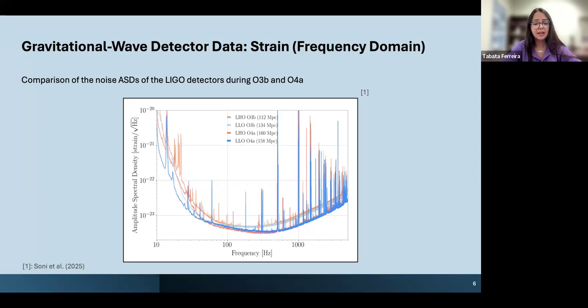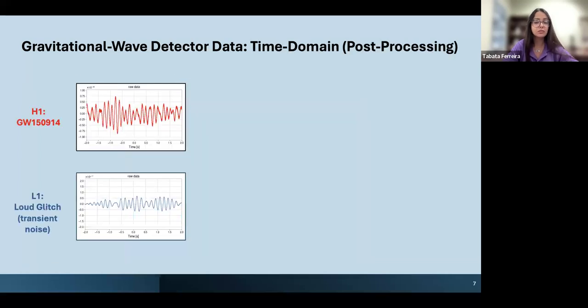All right, once we have the noise in the detector, we can go back to the time domain and try to see the morphology of the signals in the time domain. Why? Because if we look at the data here, for example, the strain, we cannot state anything about frequencies, right?